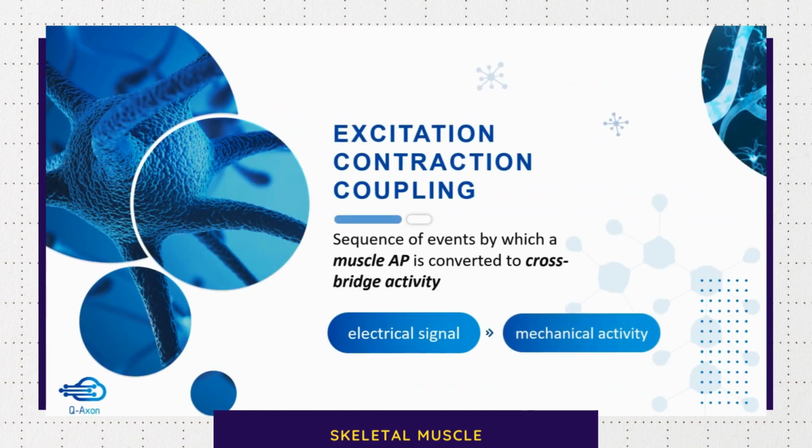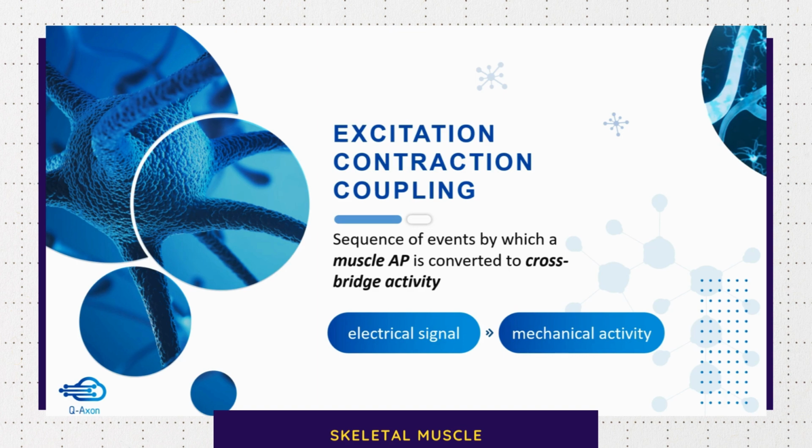Now that we have understood the functional components of the skeletal muscle, that is the sarcomere and the sarcotubular system, we can look at the process of excitation, contraction, coupling. What do we mean by excitation, contraction, coupling? Now this refers to the sequence of events by which the muscle action potential is converted to muscle contraction.